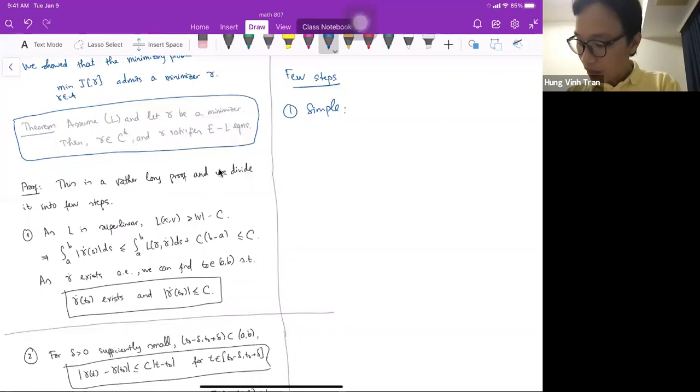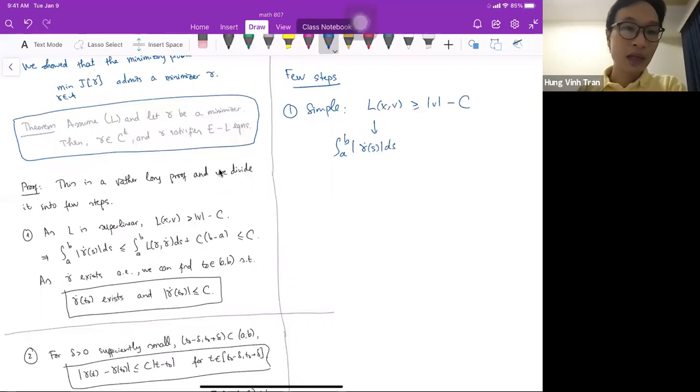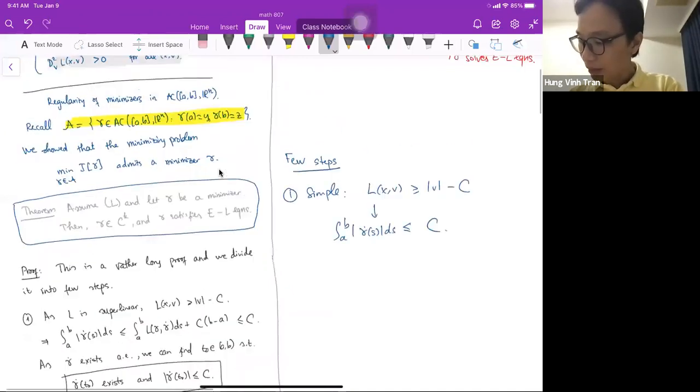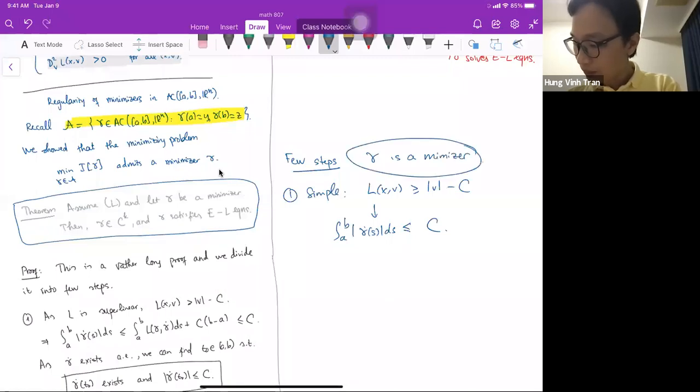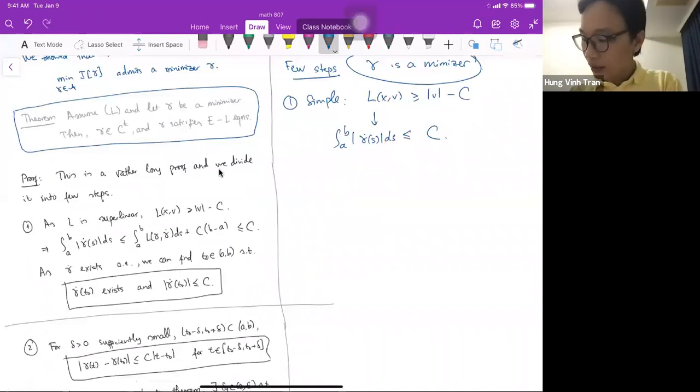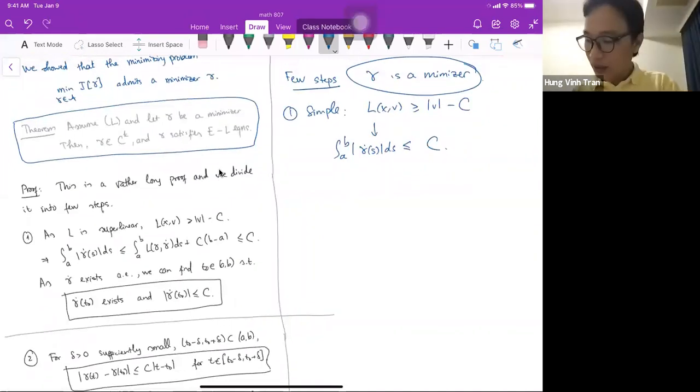In particular, you have L(x,v) greater than or equal to |v| minus a big constant C, and this allows you to conclude that you can think of this as the length of the curve, and it's less than or equal to a constant. Again, I should have said that gamma here is a minimizer so that we are not dealing with a random curve. So the integral of the velocity is bounded.